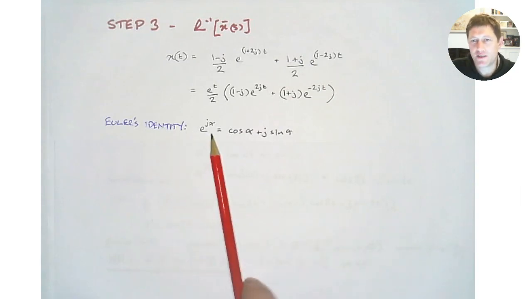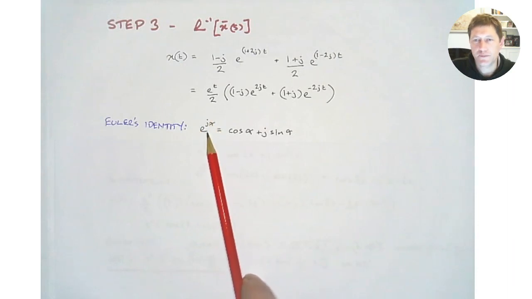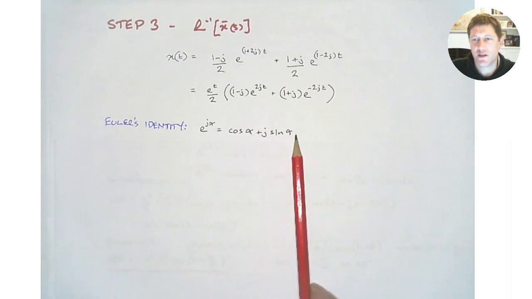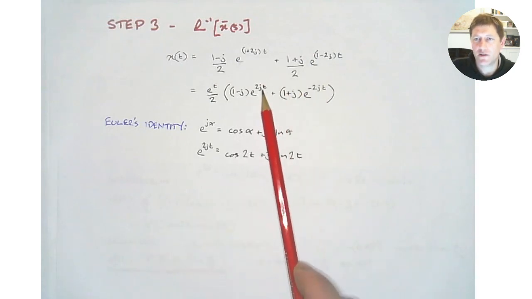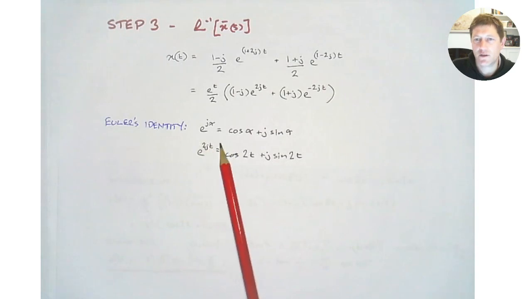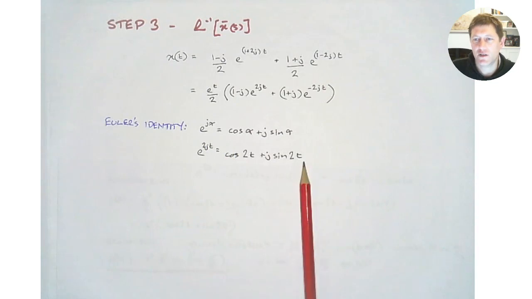We have Euler's identity. This is showing how the representation of a complex number e to the j alpha is equal to cos alpha plus j sine alpha. And so our terms are e to the 2jt, so we can write this out as cos 2t plus j sine 2t.